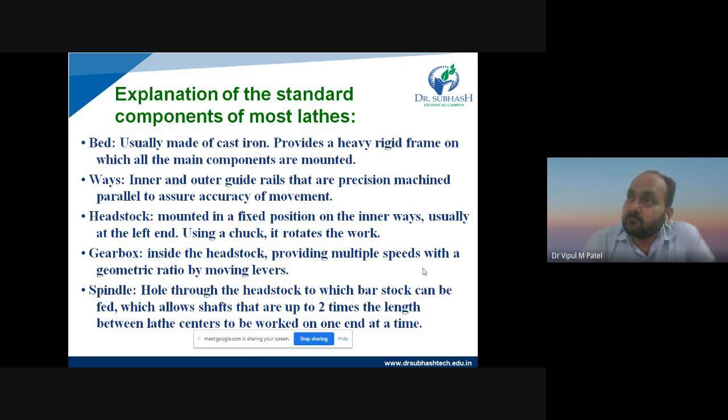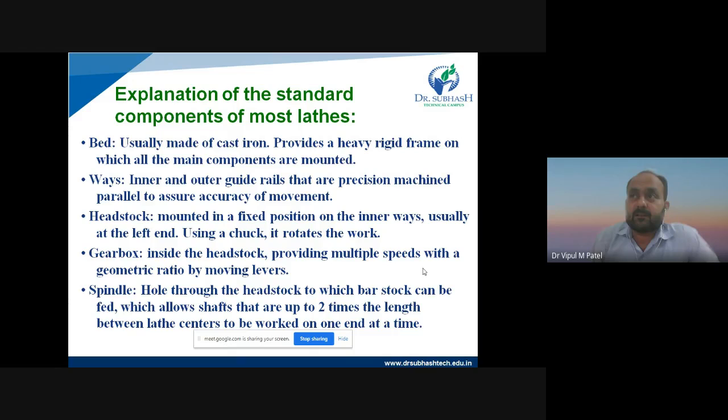If we want to make a depth of cut on the round bar or circular bar of 1 millimeter with the use of that particular single point cutting tool, and we want a high degree of accuracy, or we want very precise work in millimeters, then definitely the inner and outer guide rails that are precision machined parallel to assure accuracy of the movement are needed.